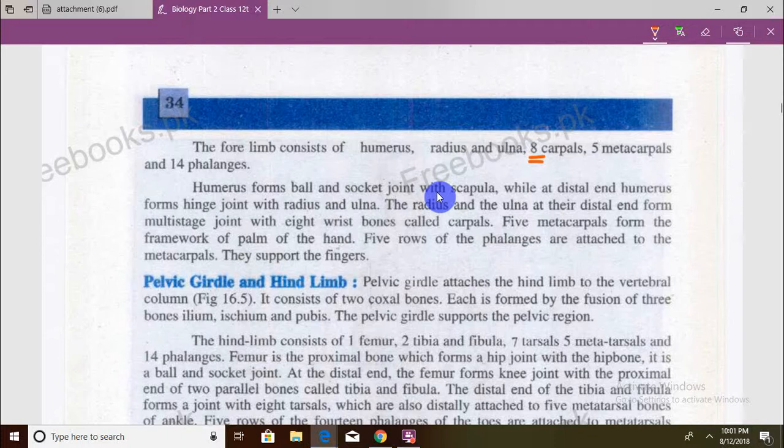But by chance, if they've not given scapula and they've given the pectoral girdle, you should go with that. So again, something worth writing down. Humerus forms ball and socket joint with the scapula.